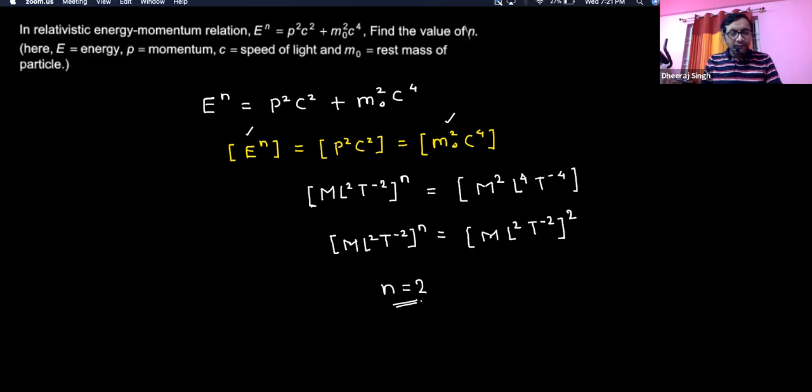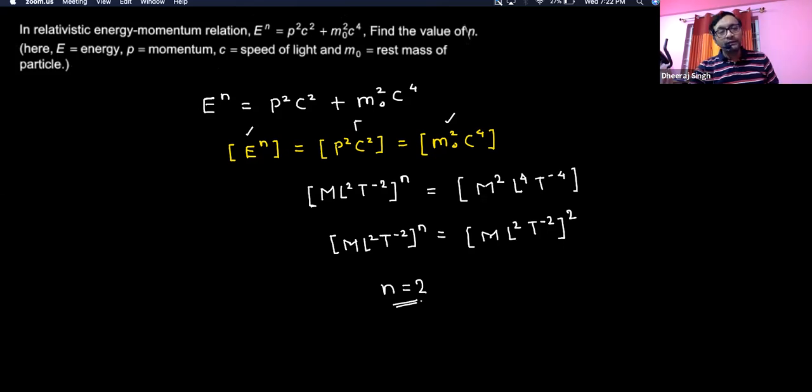Can you just explain this question again? See, this is an equation given to you: E to the power n is equal to p square c square plus m square c to the power 4. This equation should be dimensionally correct also because it's a valid equation. So dimension of E to the power n is equal to dimension of p square c square is equal to dimension of m naught square c to the power 4.